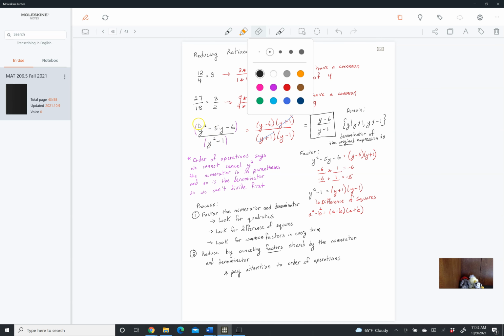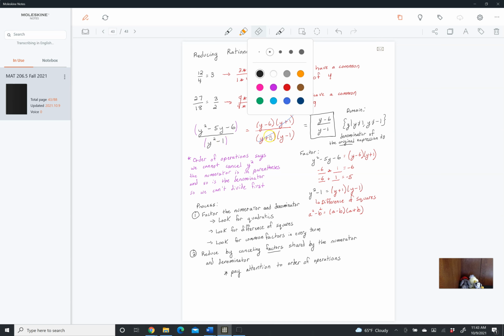That's why we can't cancel it. These are not factors. Y squared is not a factor of y squared minus 5y minus 6. Y squared is not a factor of y squared minus 1. It's being added or subtracted. Factors are multiplied. Okay, so that's why I say pay attention to the order of operations. Just because something is shared by the numerator and the denominator, it doesn't mean it's a factor.